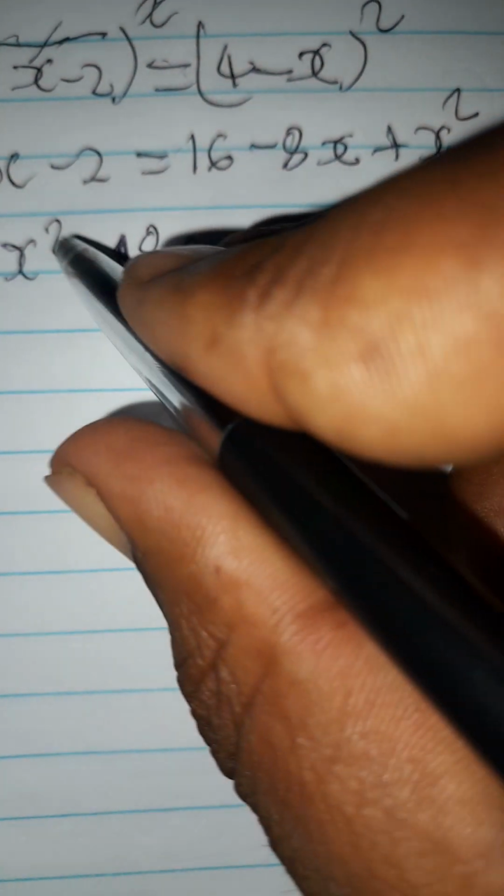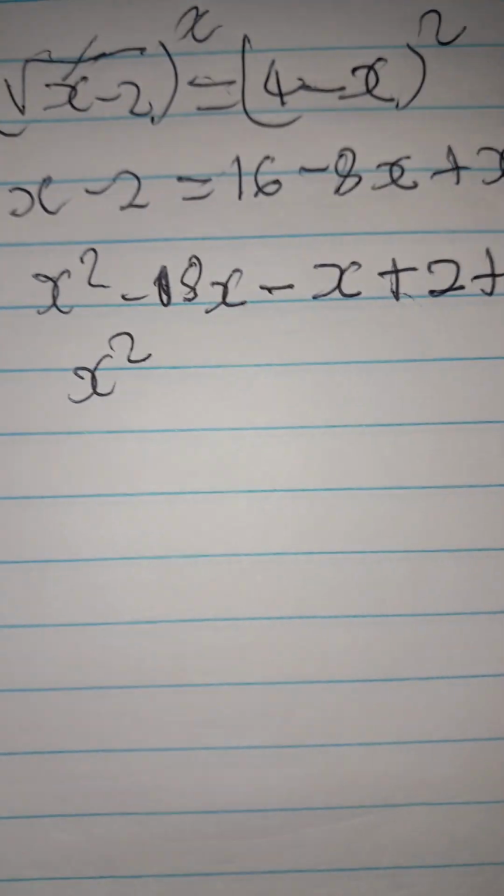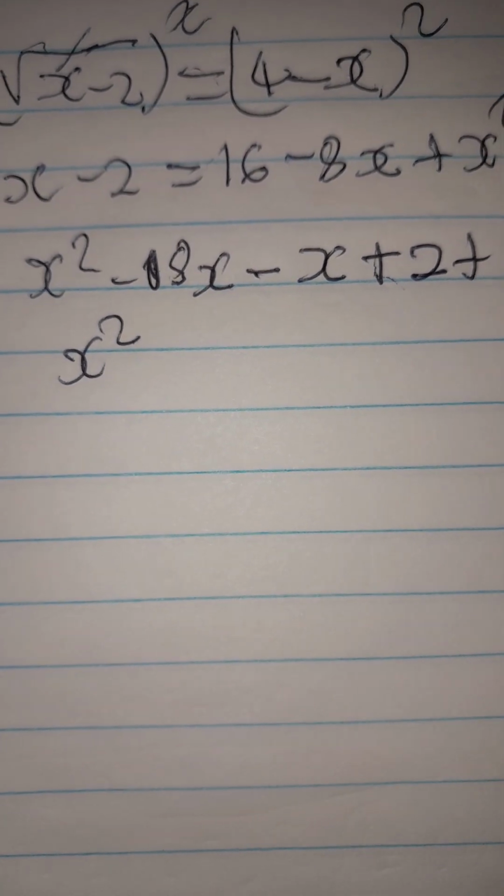Okay, we have written this well, x squared minus 8x, then there's plus 16 there. Then transposing this, we have minus 8x and x, that will be minus 9x, right? And we have 16 plus 2, that will be 18.